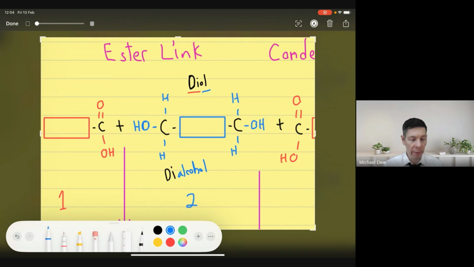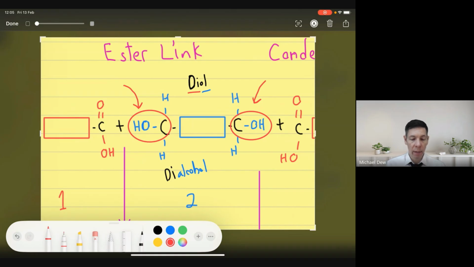All right, and don't forget that an alcohol group, circled in the red circle here, is a carbon connected to an OH. That's an alcohol. And then we've got one again on the right side that is going to be another alcohol group. Notice it's on both sides of this molecule, and that molecule is represented here in the blue rectangle.